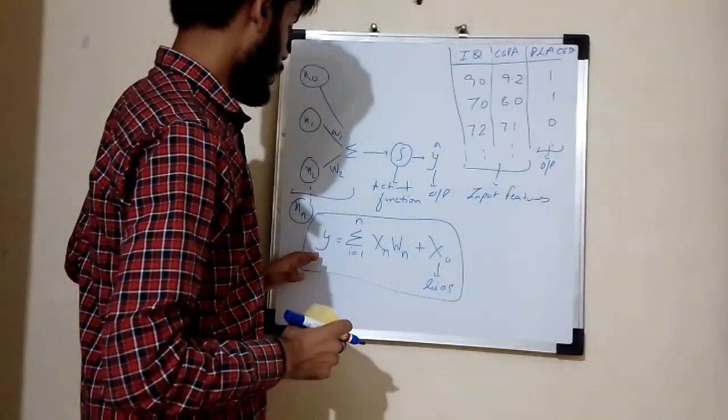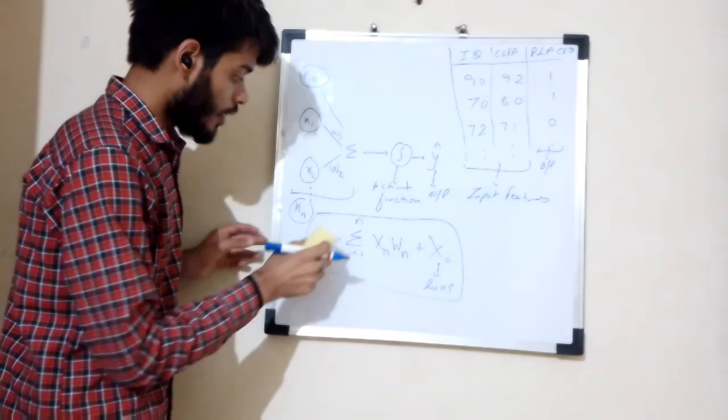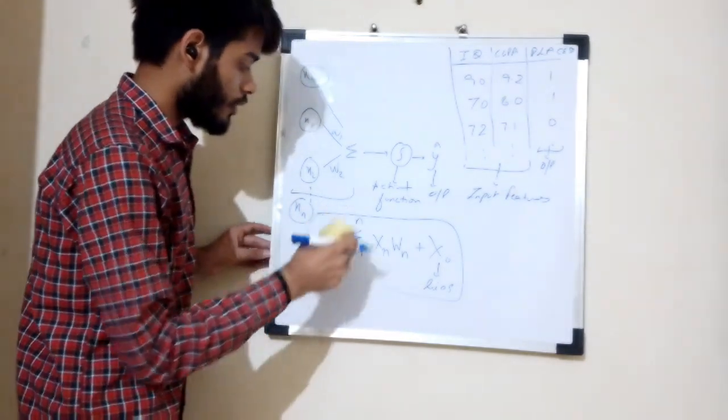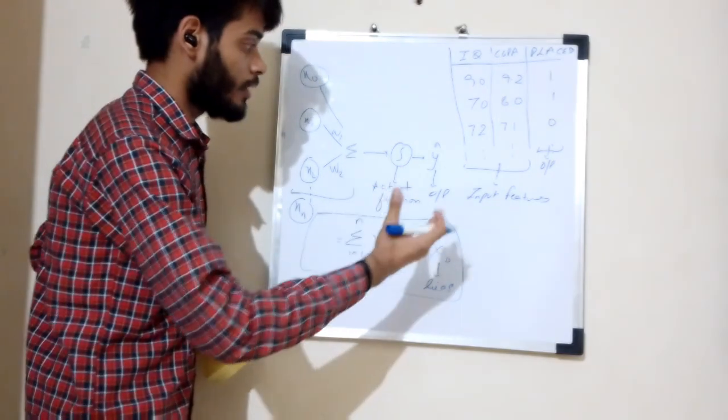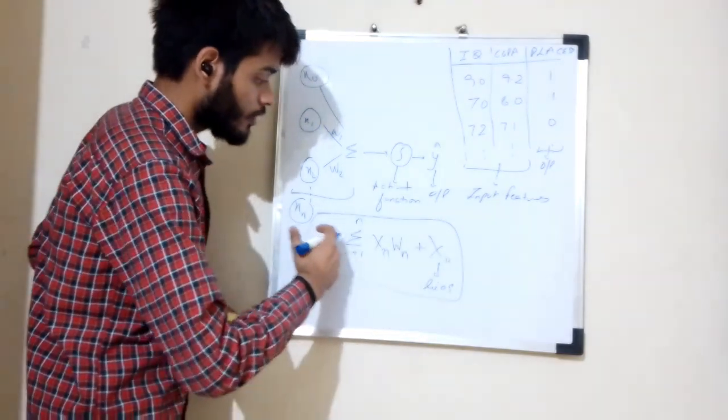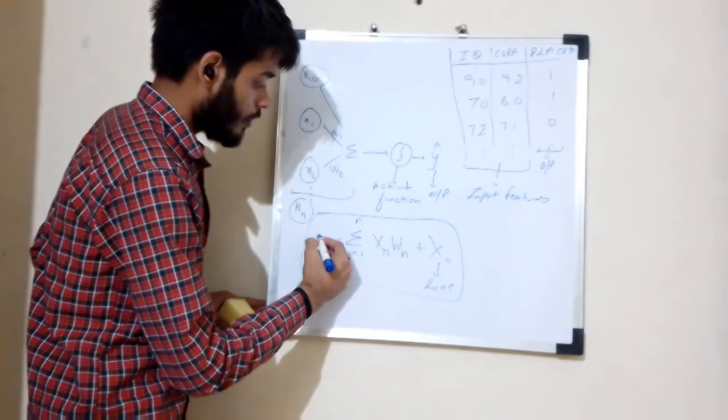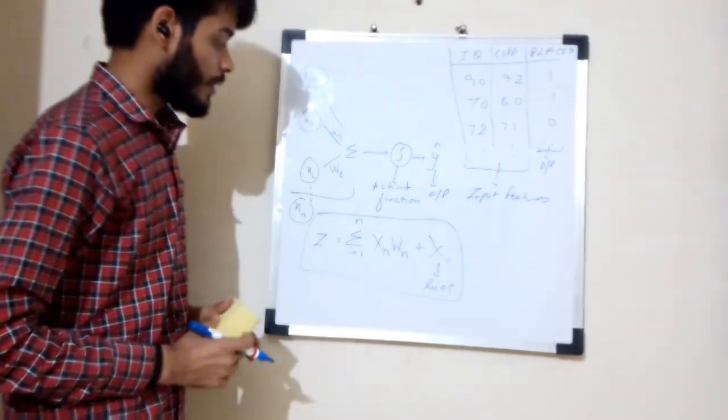Actually, let me not confuse you. I am not using y here, because in future I will be using y for some other purpose. So let's take this as z.